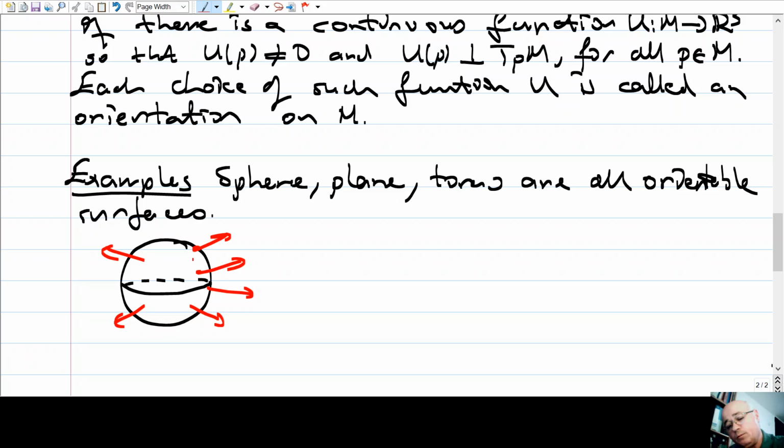It is non-zero at all points, and it is perpendicular to the tangent space at each point. So tangent spaces are like this. Okay, so here it is perpendicular.